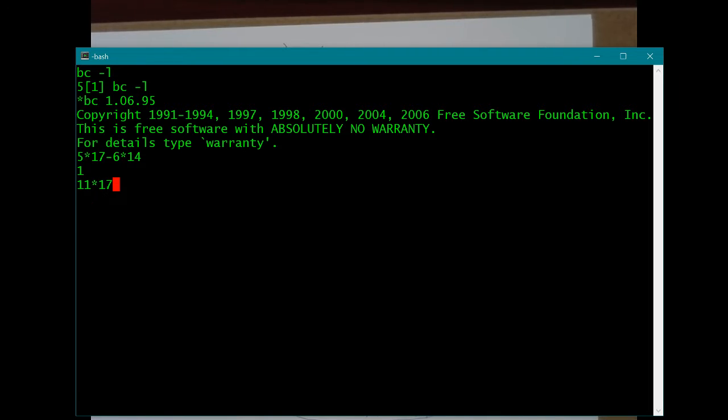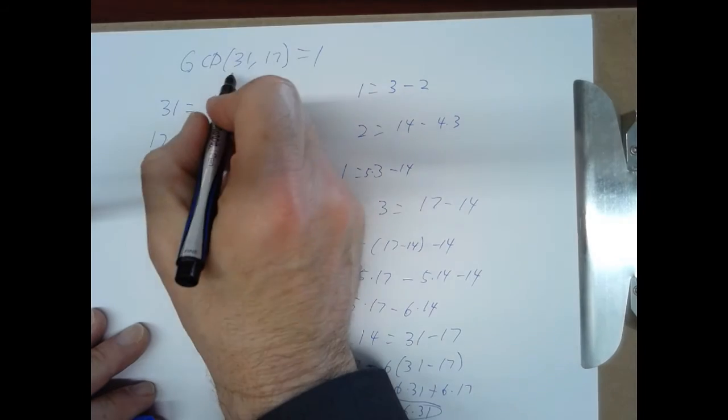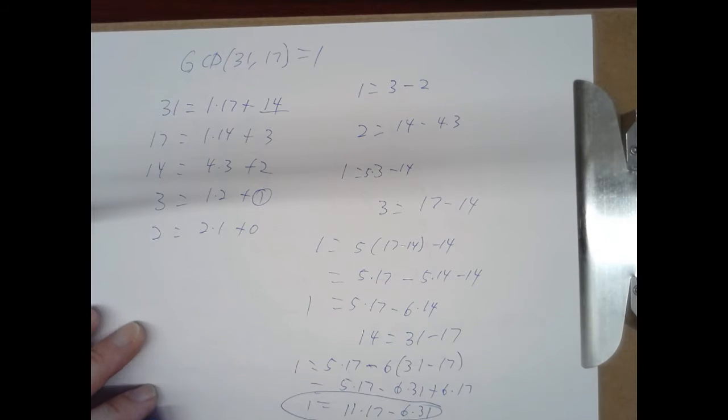So 11 times 17 minus 6 times 31, and that's equal to 1. So because this GCD was equal to 1, it's possible to write 1 as something times 31 plus something times 17. So that's Bezout's theorem. It says that this is always possible, and you can find the way to write your number as a linear combination by just working backwards through the Euclidean algorithm.